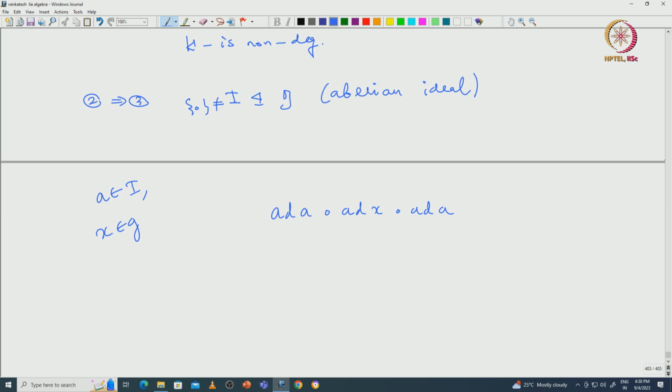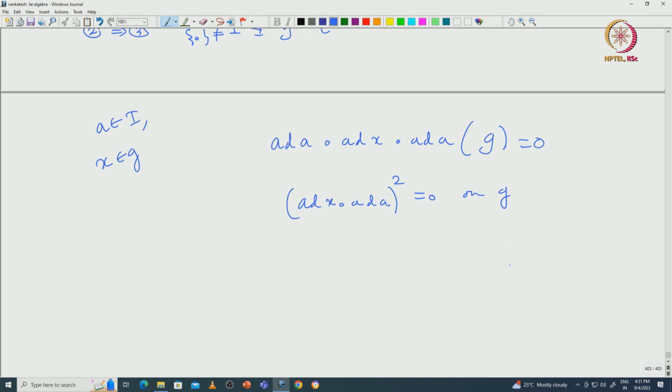So, this composition maps G to 0. In particular, the square of ad X composition ad A is 0 on G.